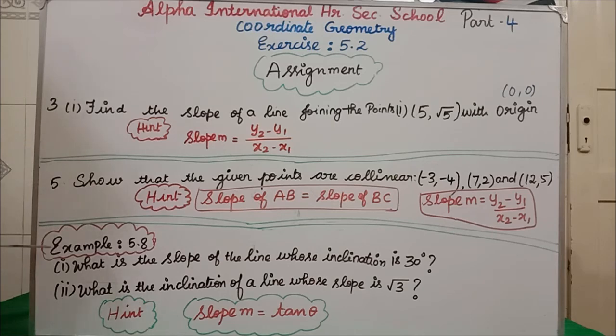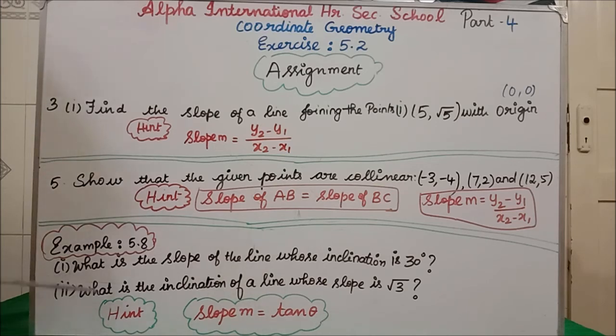Clear? Now, example 5.8. What is the slope of the line whose inclination is 30 degree? I have told you in exercise 5.2, first problem, inclination means theta, or angle we can say.